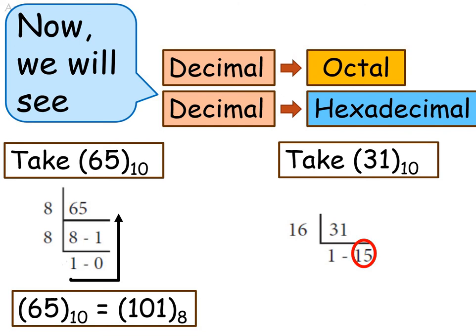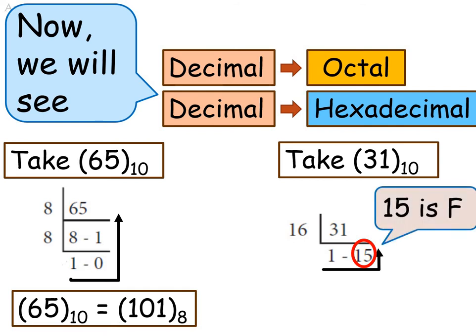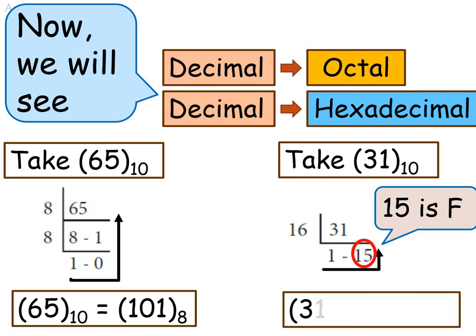Now I cannot proceed further, so I stop with this and take the digits from down to up. But 15 is F. So the hexadecimal number will be 1F. So 31 base 10 is equal to 1F base 16.